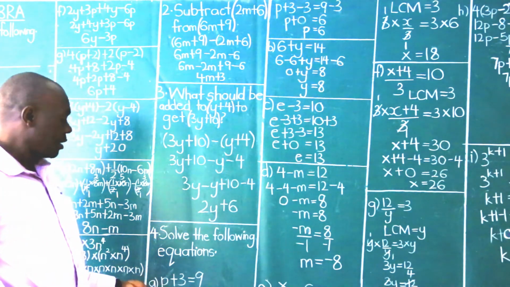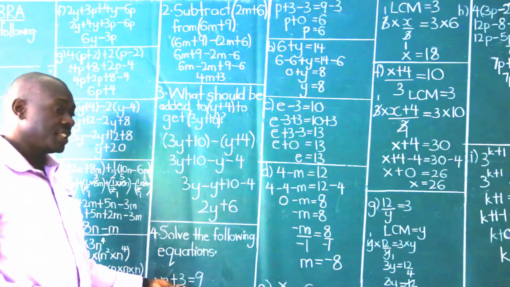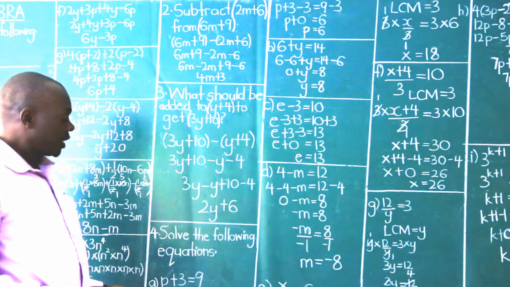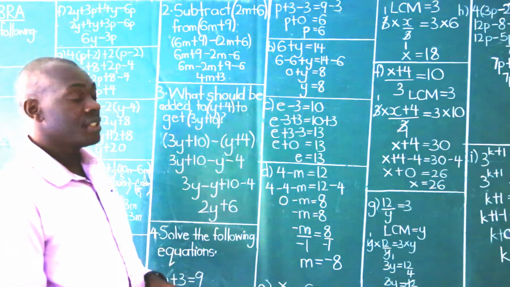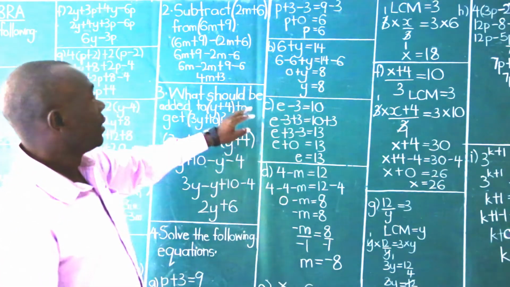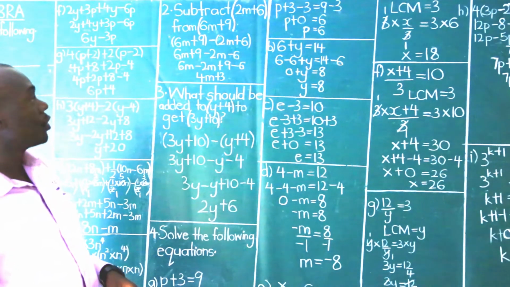Remember, the equation was saying p plus 3 is equal to 9, and p is 6 now, so 6 plus 3 gives 9. In proving it in that way, you will know that your value p is actually 6, which you will never change. Then go to part B of number 4 today.